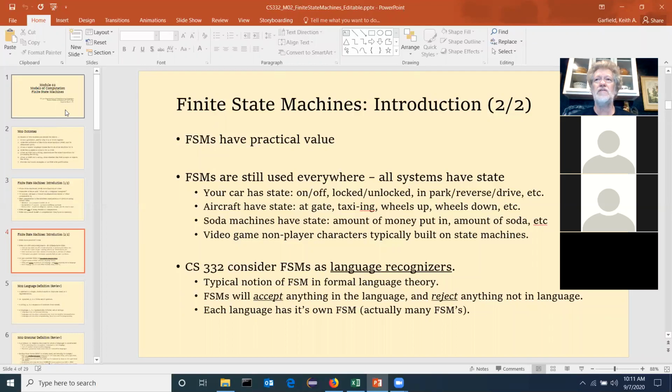And the classic finite state machine that we've all used is a soda machine. It has a state, and the state, when you first walk up to it, is that it has some number of soda cans in it and you have put $0 in. Then you put in a quarter and it changes its state to, oh, okay, now you've put in a quarter. And you put in another quarter and it changes its state again.